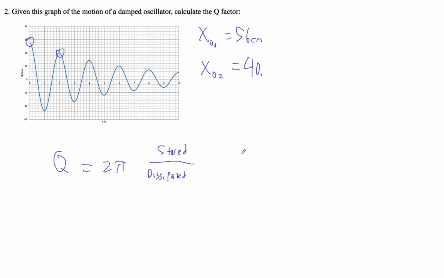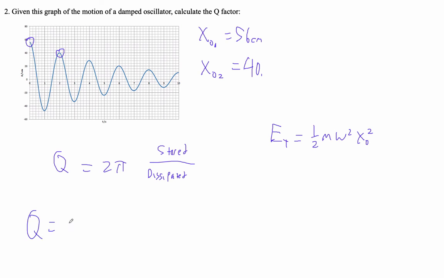And so to do this, we have to realize that the energy is proportional to the amplitude squared, right? Because it's 1/2 m omega amplitude squared, right? So since it's a ratio, we don't need the 1/2 and the m and the omega. We can just do this, right?